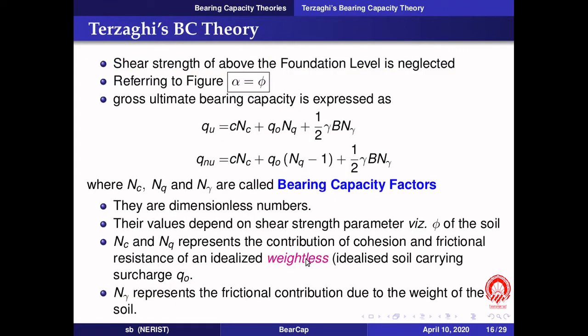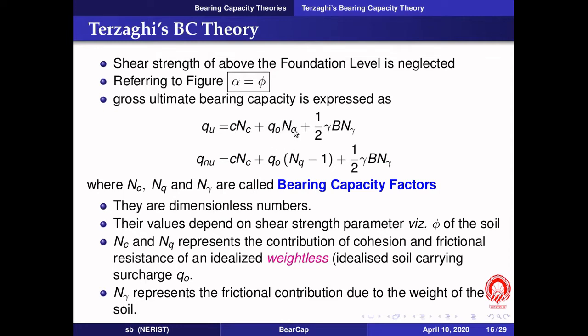All of them have expressed the ultimate bearing capacity, that means gross ultimate bearing capacity, as a sum of three parts. The first is due to the soil resistance of an idealized weightless soil contributed by the cohesion present in the soil, if the soil is a c-phi soil or cohesive soil.